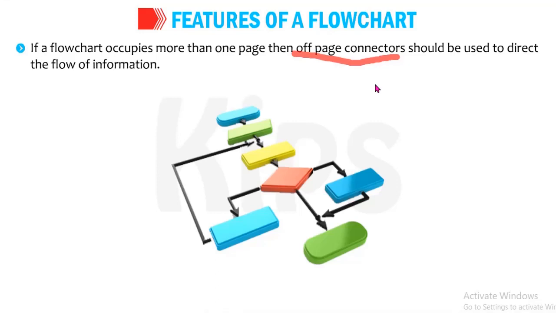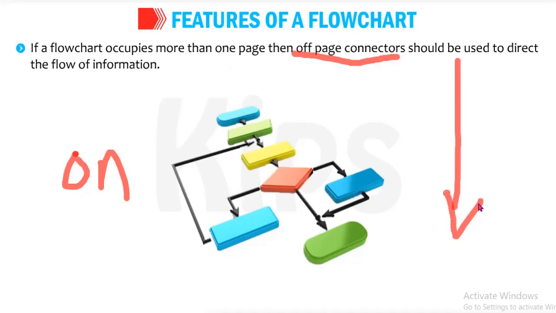In the same page you use which connector? Exactly, on page connector. But if this page is over, then you go to next page, you must use off page connectors. So these are the four features of flowchart.